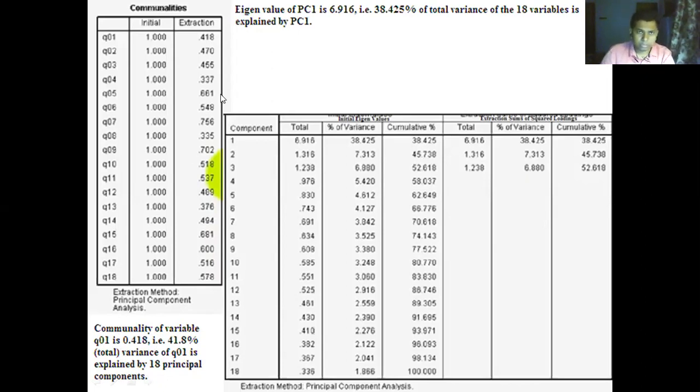So these are the values of the communalities, and they express how much of the variance of the variables is expressed by the principal components.